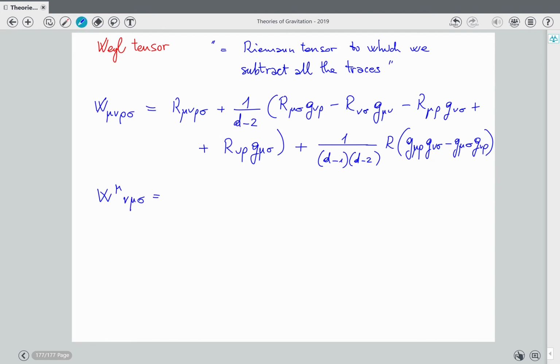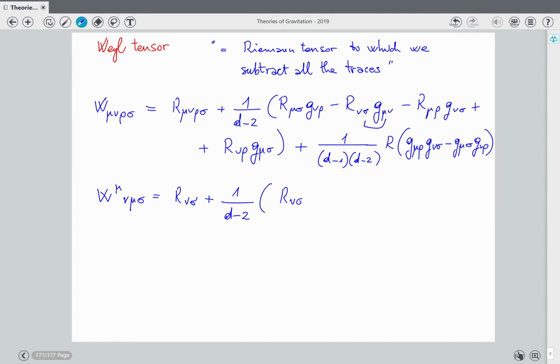If you equate mu and rho, the first one will be Ricci mu sigma, and then you will have 1 divided by d minus 2, whatever. What do we get here? If nu is equal to rho here, G nu rho is d. So you have d r, oh sorry, if mu is equal to rho, here you just have r nu sigma.